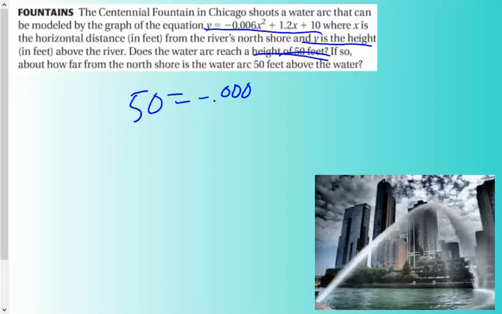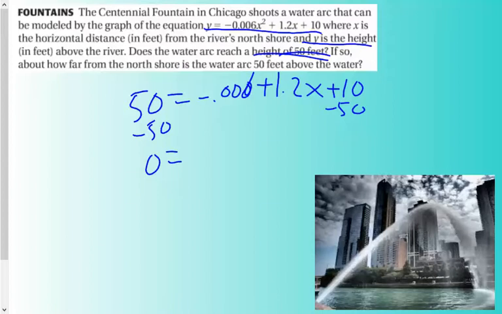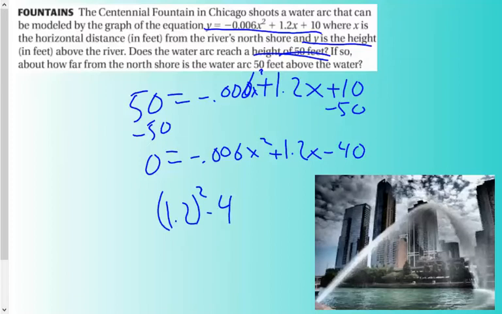Or we're going to check first to see if it actually does, because it doesn't make any sense in solving this if it doesn't. So I'm going to subtract 50 from both sides. You're going to need a calculator for this because of all of the wonderful decimals they give you. So b squared minus 4 times a times c.